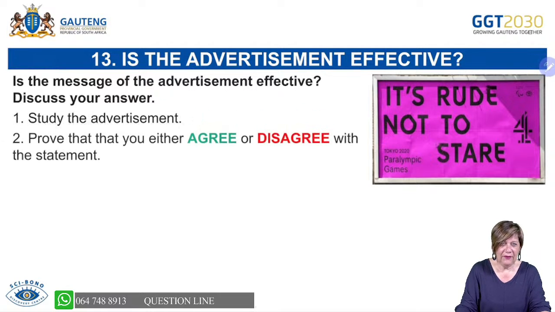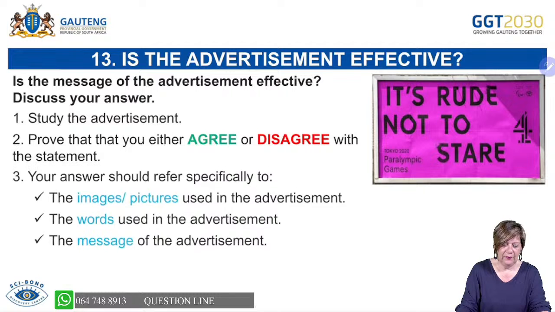Now, you either have to agree with the statement or you need to disagree. But you need to tell us exactly which one. And then, in your answer, refer specifically to the images or the pictures, the words, and the final message of the advertisement.